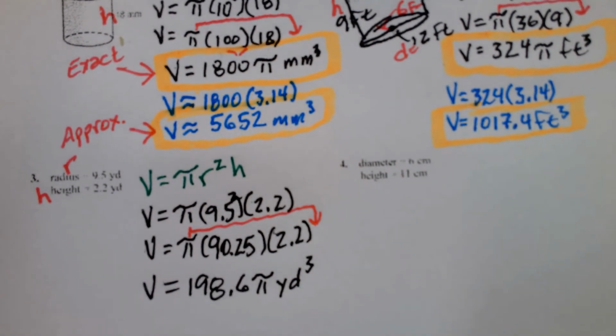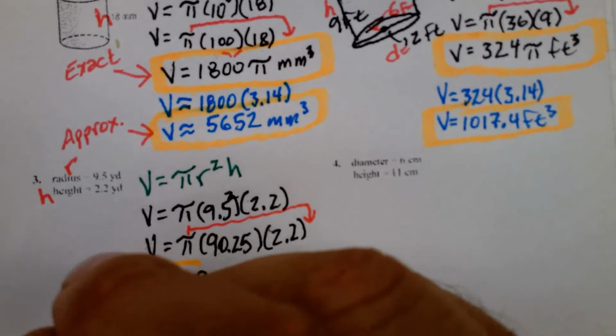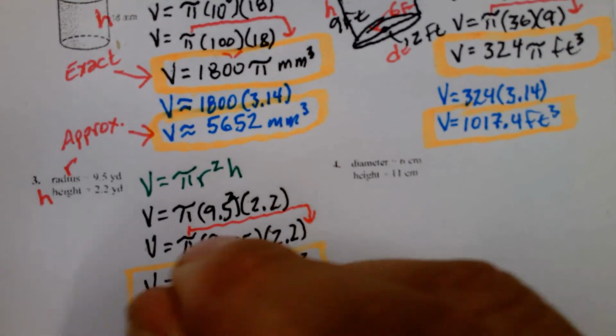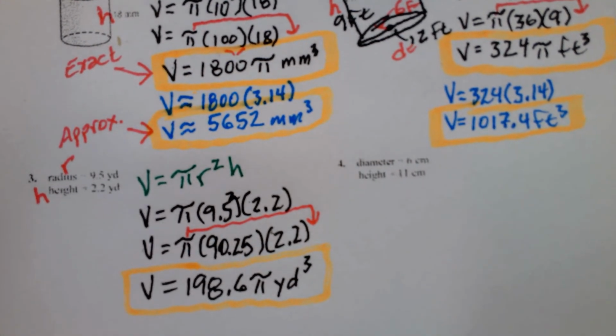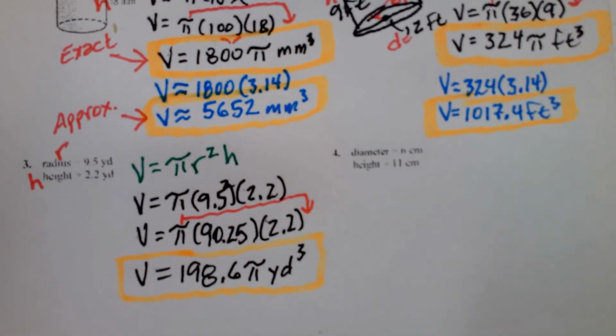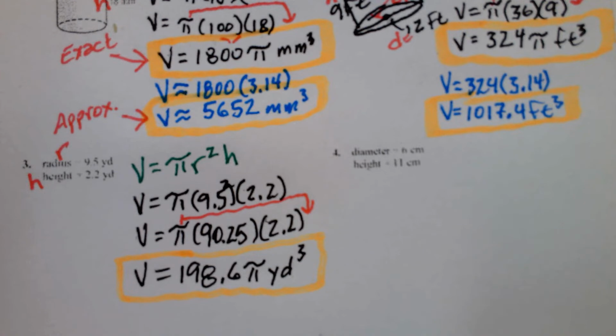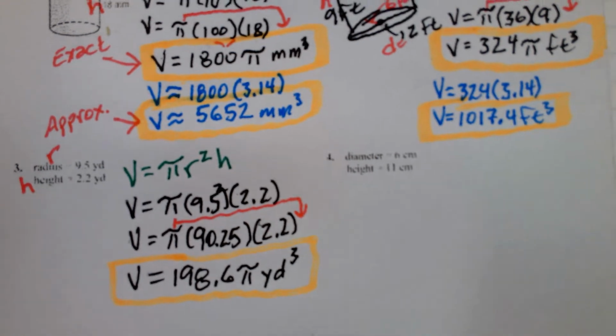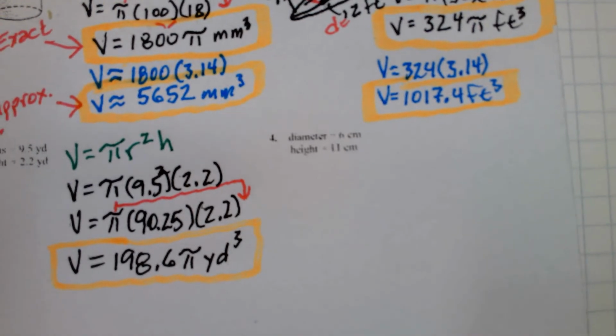Okay. And then if I wanted an approximate answer, I would use 3.14. But let's just leave it in terms of pi for this. Okay. Let's move on to number 4.